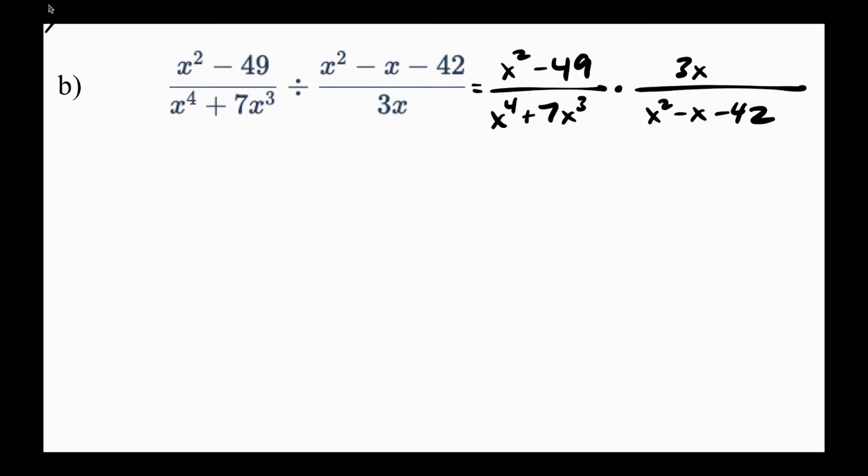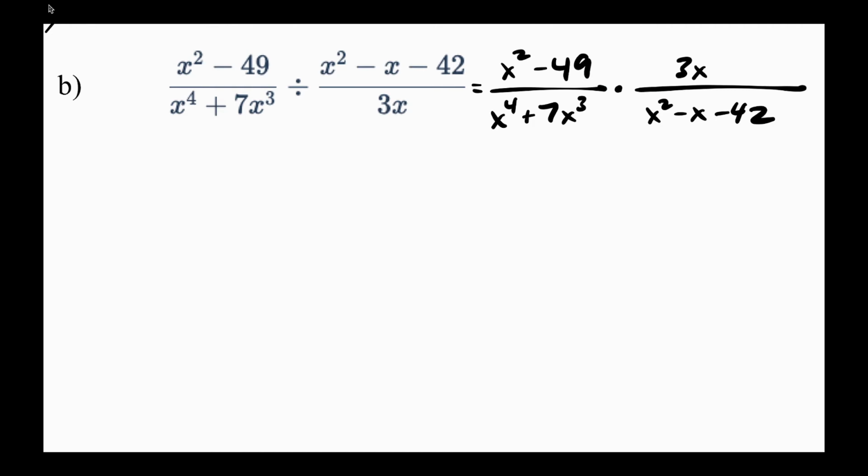That's the first step for division. Keep, change, flip. Keep the first fraction the way it was, change the multiplication, flip the second fraction. Now for division, it says factor all numerators and denominators.